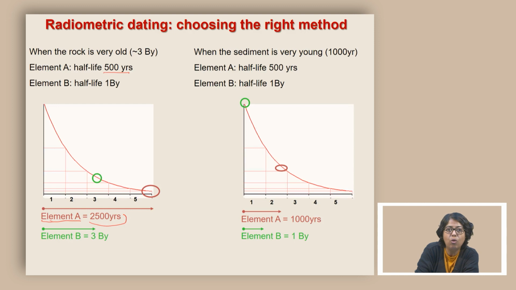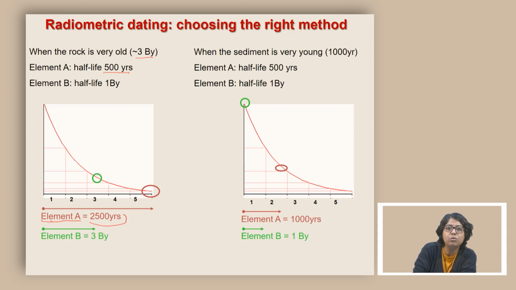If we go on up to 3 billion years, the amount of parent element is going to be so low that it will not be detected, and that is one of the reasons that we cannot use things which have short half-lives to date very, very old rocks.